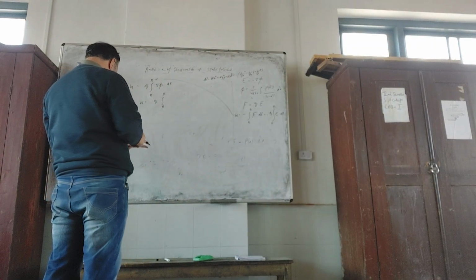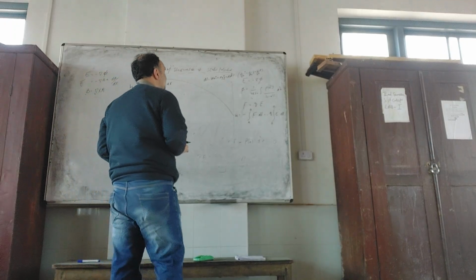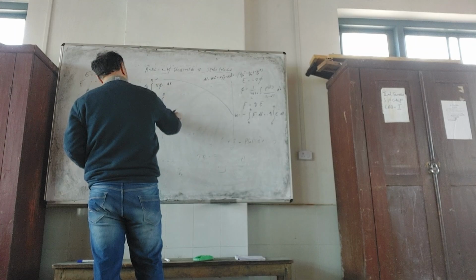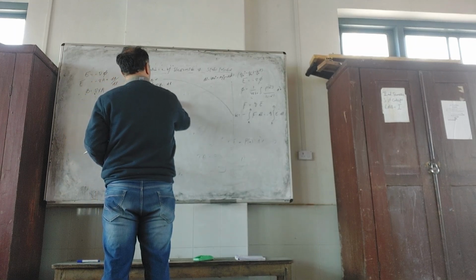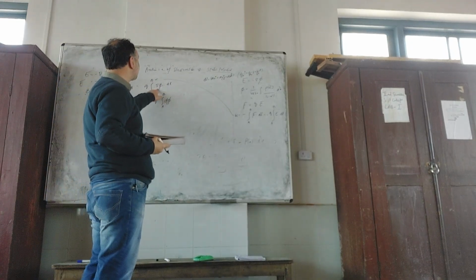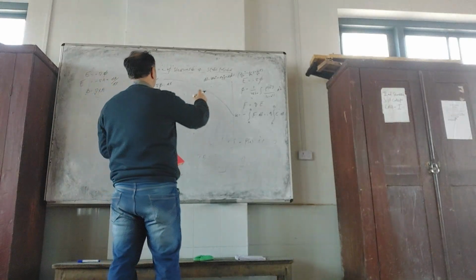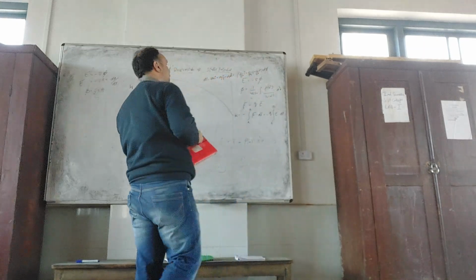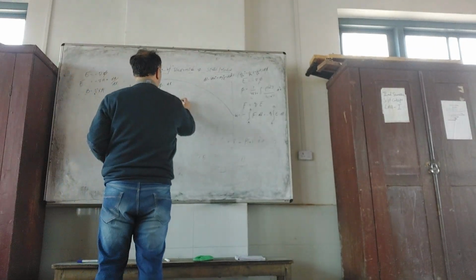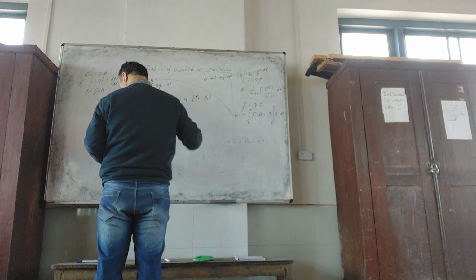So it is basically d phi. When you take the dot product, you get d phi, and integrating from point A to B gives phi B minus phi A. Okay?